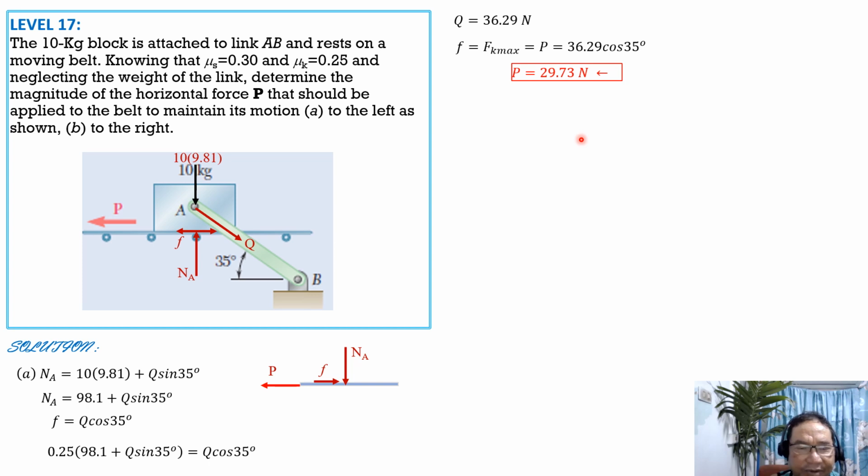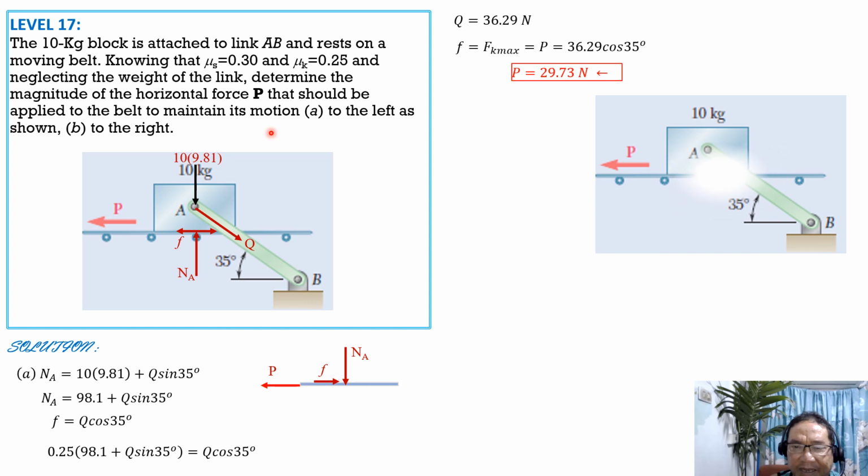29.73 newtons. For part B, here is the free body diagram. Then we have the force P to the right this time.